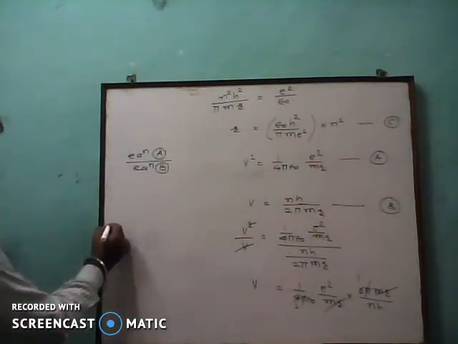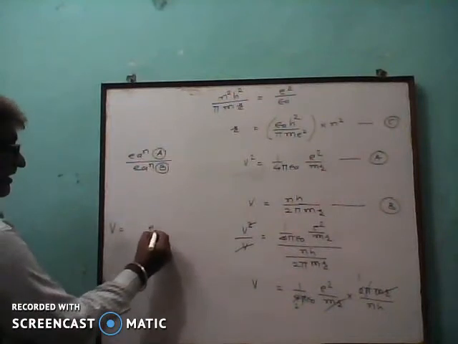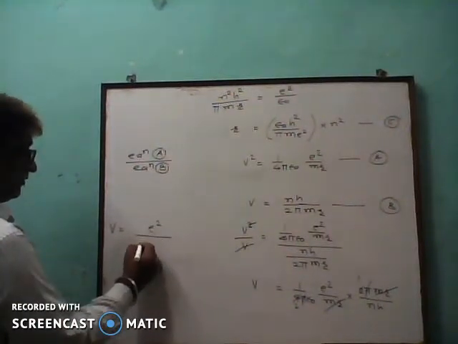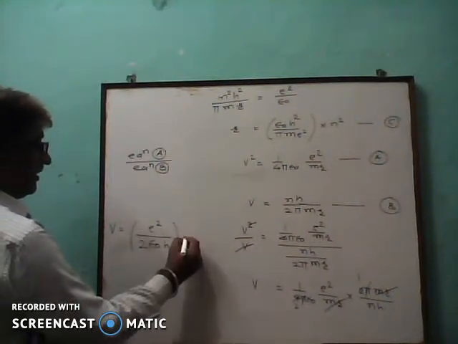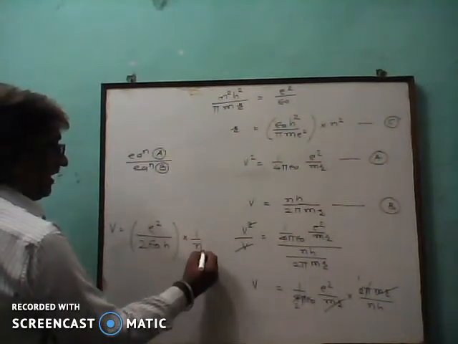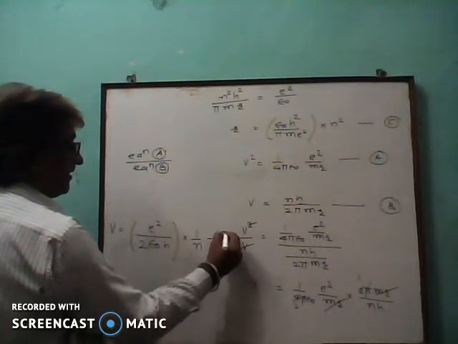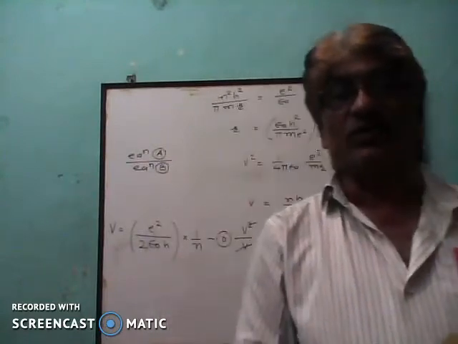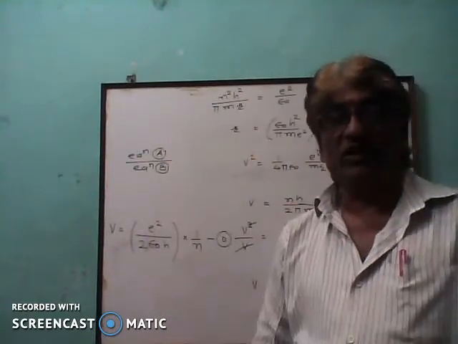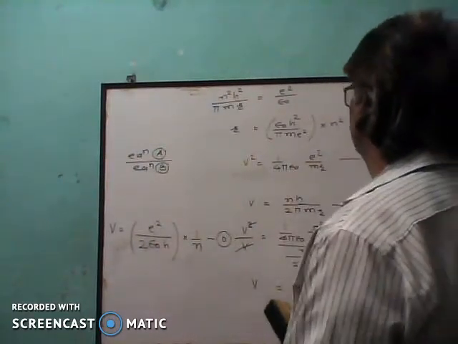So velocity becomes e square upon 2 epsilon 0 h into 1 upon n. That is equation number D.